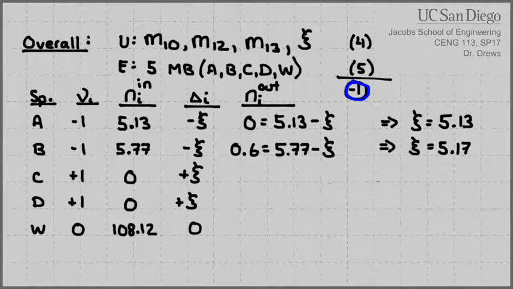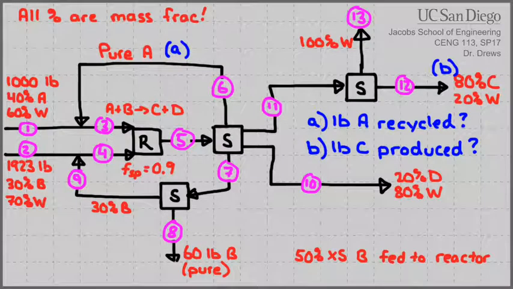The moles of C coming out of the system, so moles of C, and let's see, if we flip back to our drawing, C is only coming out in stream 12. So this location right here, actually let's use blue since we don't have it.